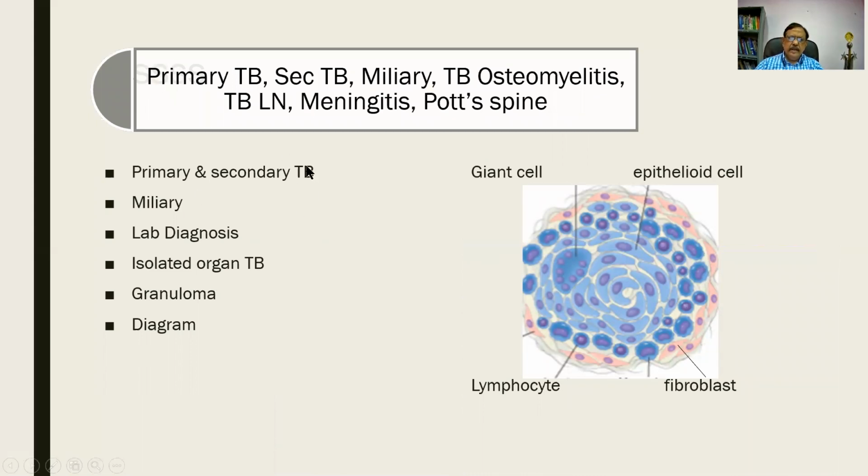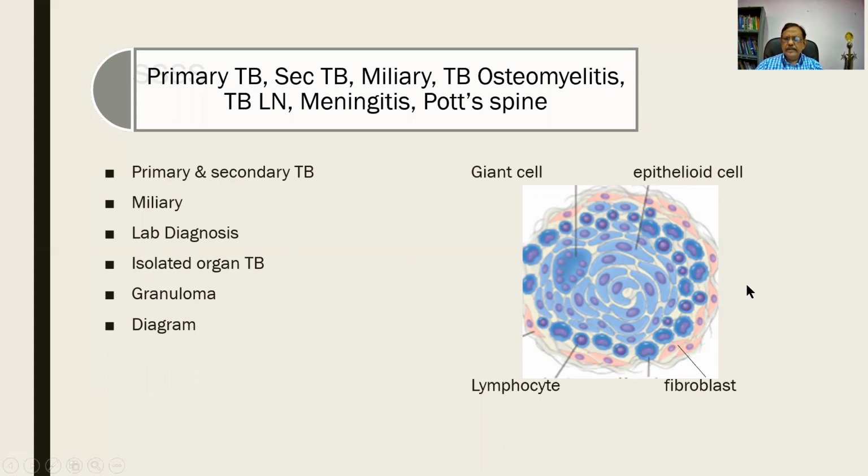And as a summary, these are the important things we have seen. What is primary? What is secondary? What are the differences between primary and secondary, miliary tuberculosis? What are the lab diagnoses? And what are the isolated organs that are affected by tuberculosis? Granuloma and the diagram.